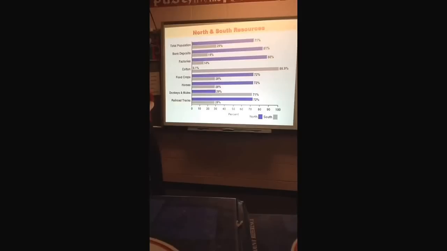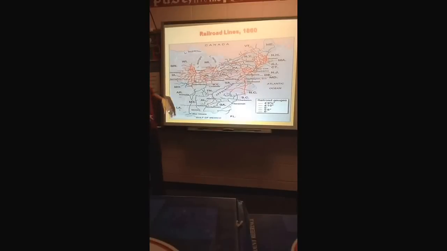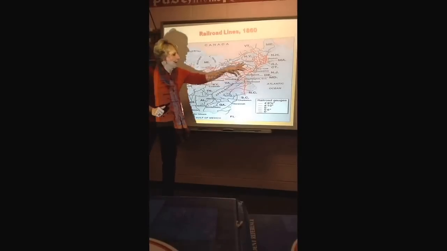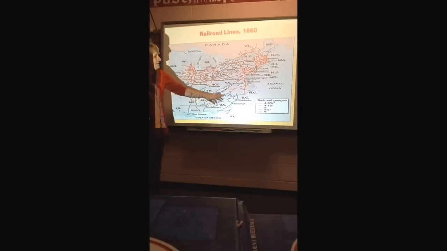And then the idea of the railroad tracks, moving things from factories and moving those supplies. Here again is another pictorial vision of all the railroad lines in the North as opposed to the South.